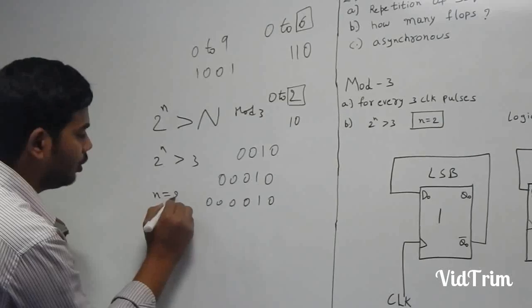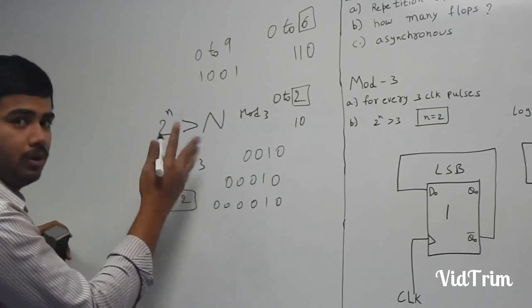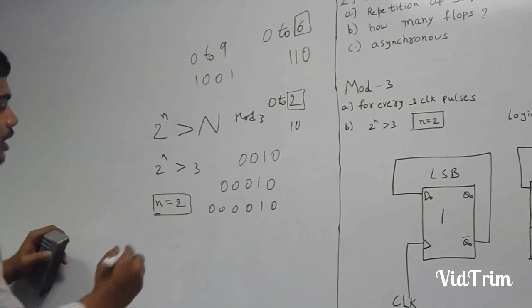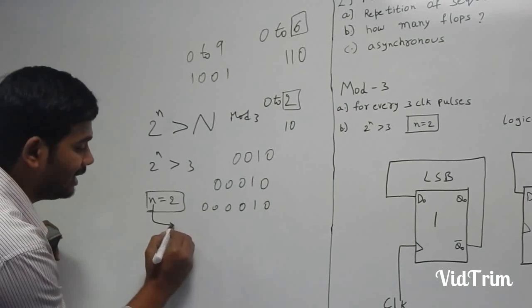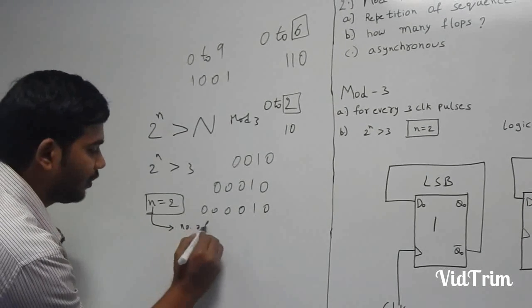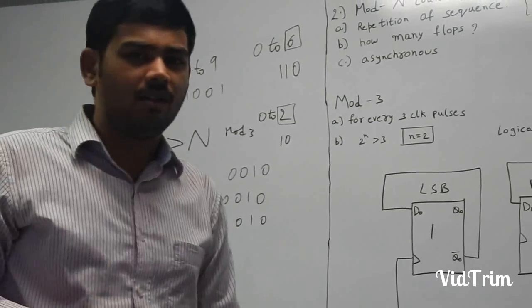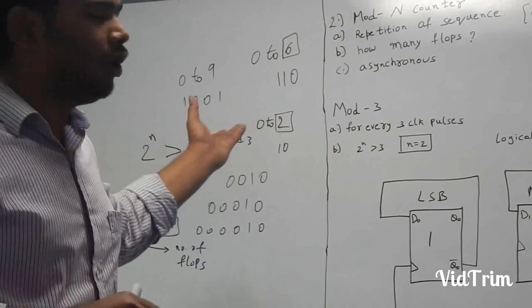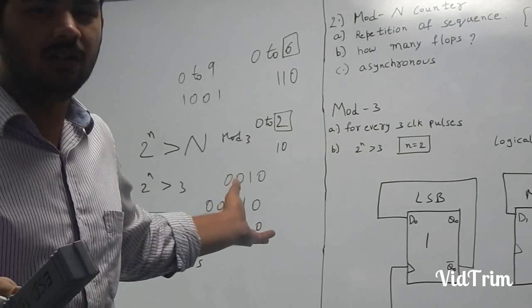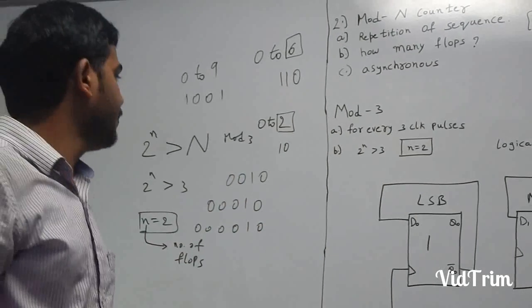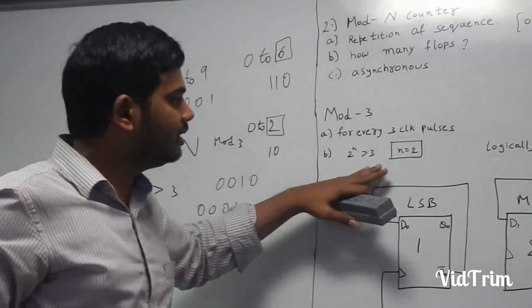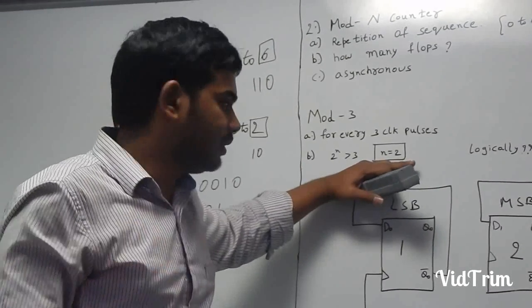So n should be 2, because 2 power 2 is 4, and 4 is obviously greater than 3. This n is nothing but the number of flops. If you don't want to remember or mug up this formula, logically you can come to this conclusion of how many flops we require. So by this formula I require 2 flops.